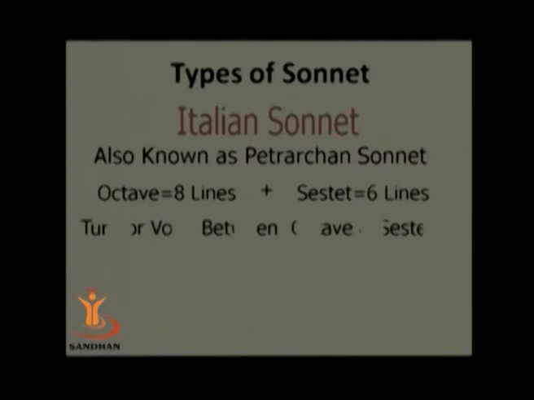The other important thing that is essential for any sonnet is that there should be a turn or volta between octave and sestet. The turn or volta is a little difference or a turn of thought that occurs.